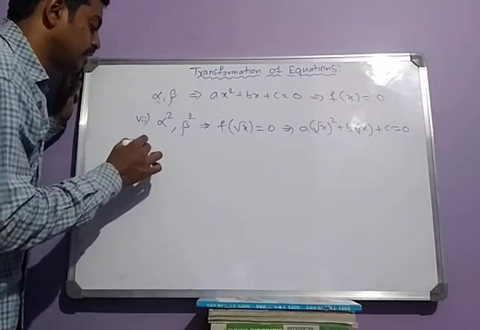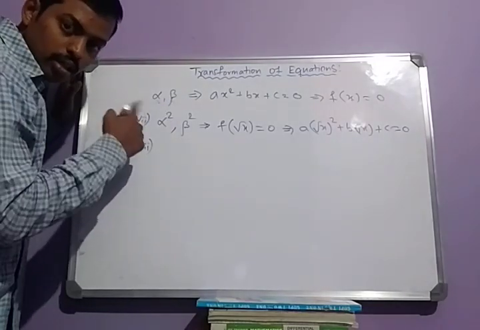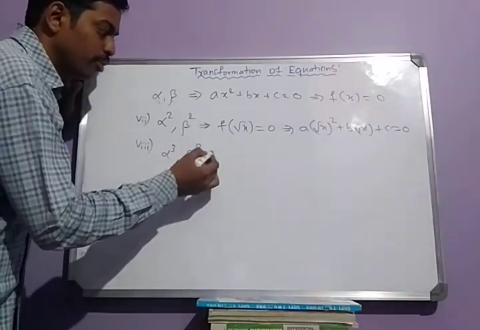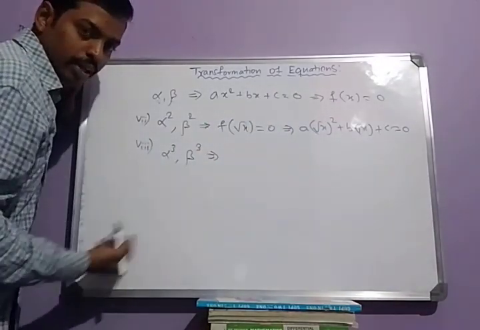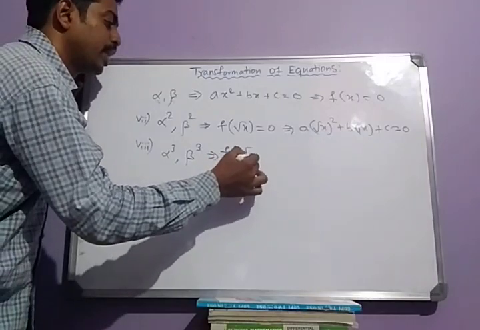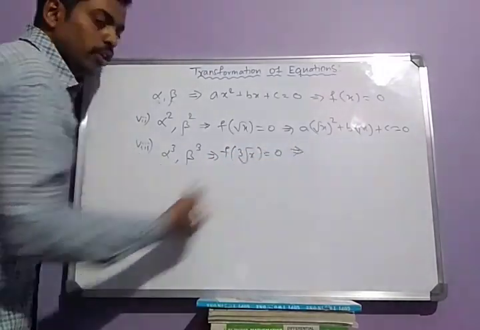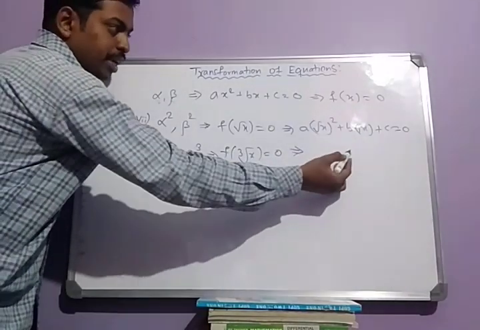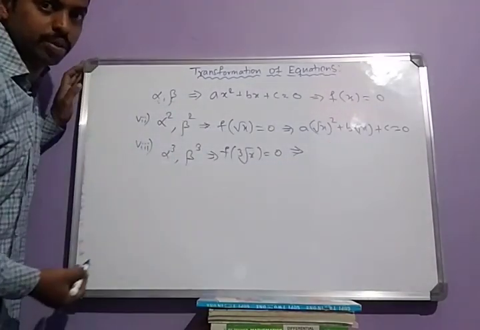Similarly, you can extend this concept. If alpha and beta, the roots are cubed, that means alpha becomes alpha cube and beta becomes beta cube. Then f of x is equal to 0 is changed as f of cube root x is equal to 0. You can understand what is the meaning of it. A into cube root of x whole square plus b into cube root of x plus c is equal to 0.